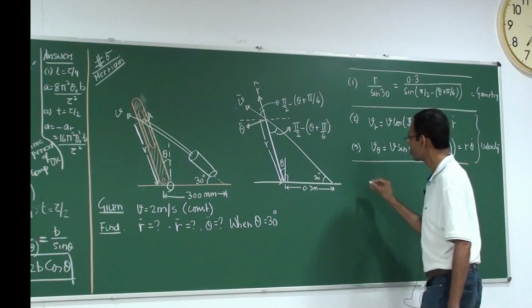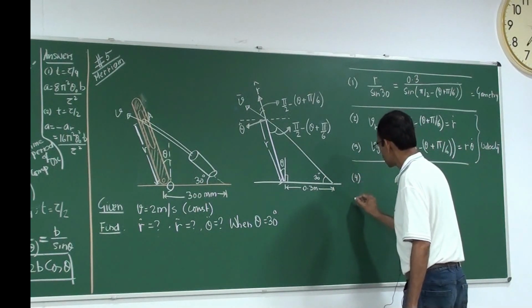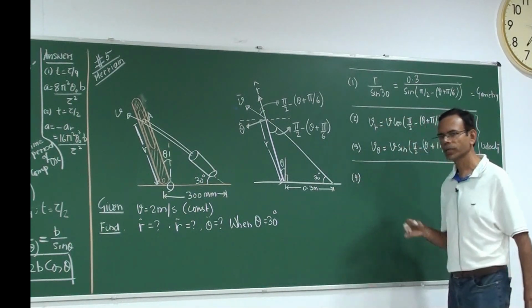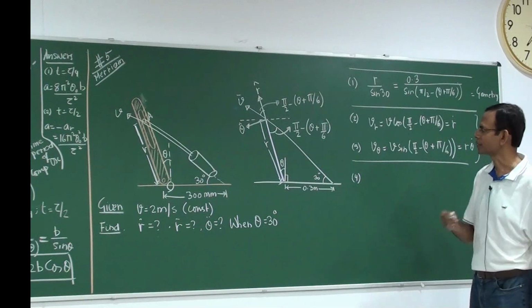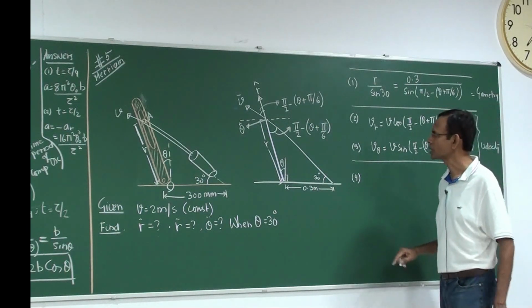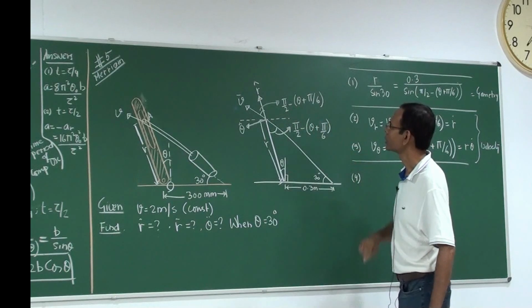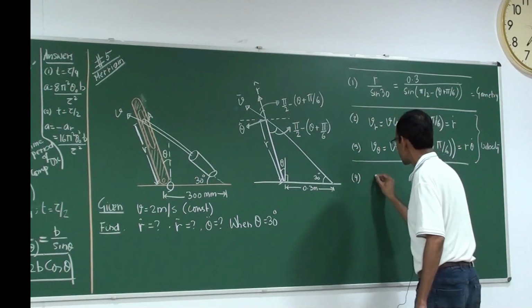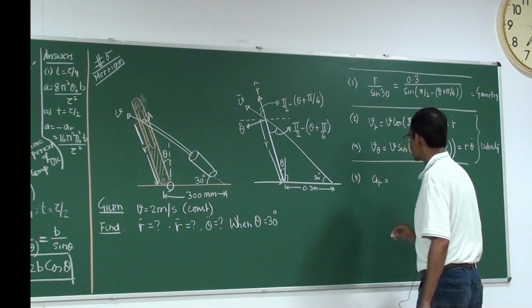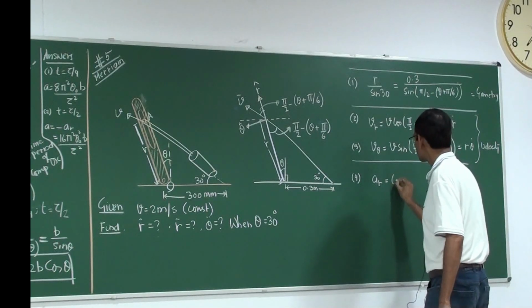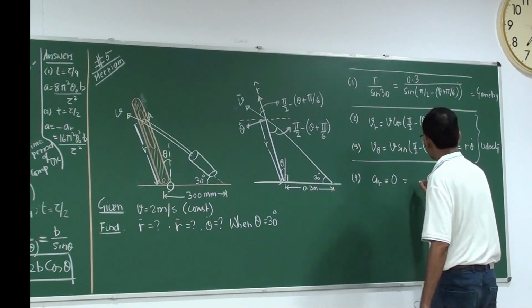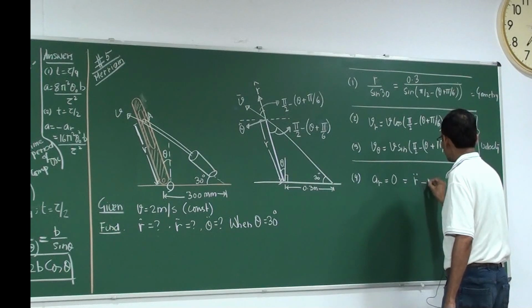And 4th and 5th equations, you may not need all the equations, but you can verify one from the other. 4th equation is acceleration in the radial direction. That is your AR. AR is how much? 0. That is equal to R double dot minus R theta dot square.